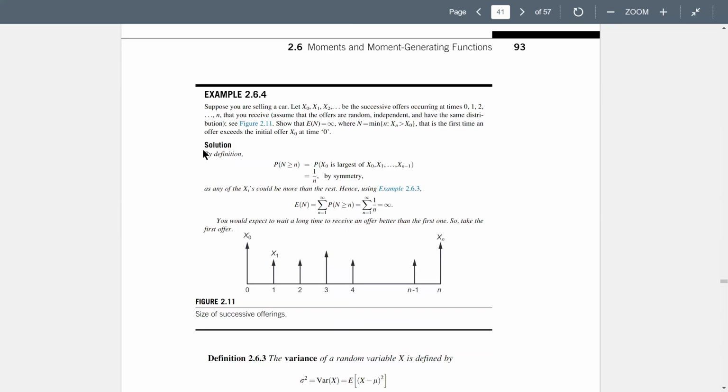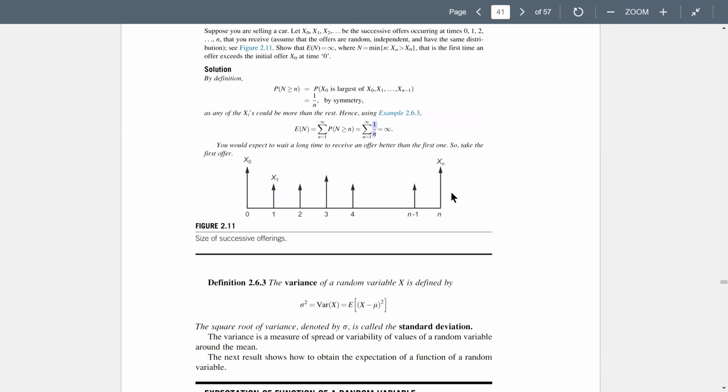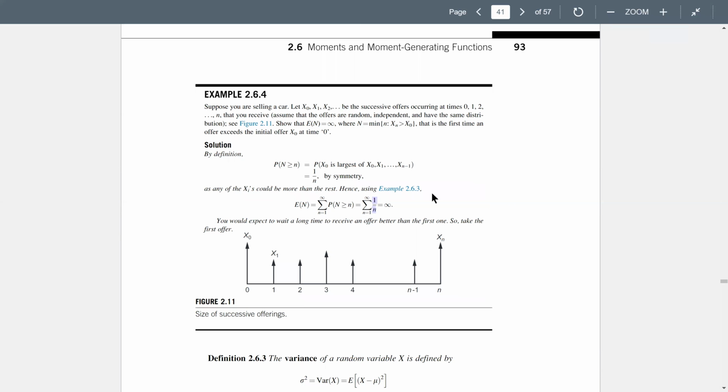Let's see, okay, 2.6.4. We see that there are n plus 1 different values, 0, 1, 2 to n, and each value has equal probability, which is 1/n.